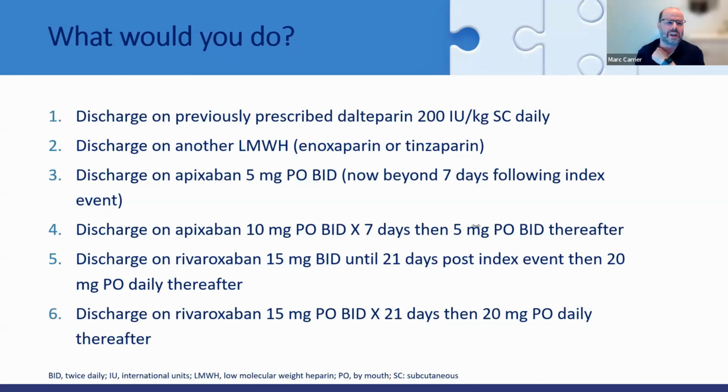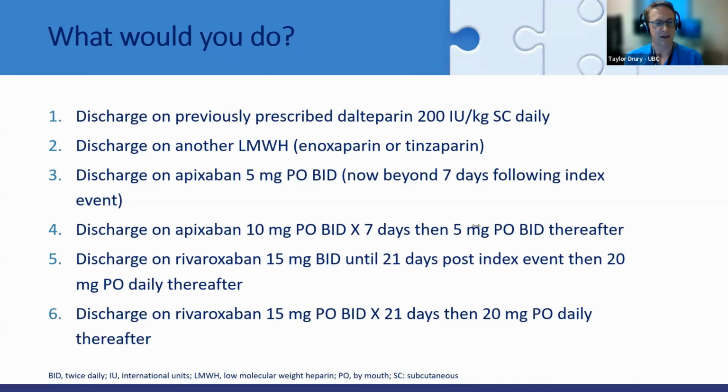Okay. Sounds good. Taylor? I would go with the apixaban, no loading dose, 5 milligrams twice a day. To me, the way I think about it, and please correct me if I'm wrong, I'm not aware of any trials that have studied this type of protocol post thrombolysis.